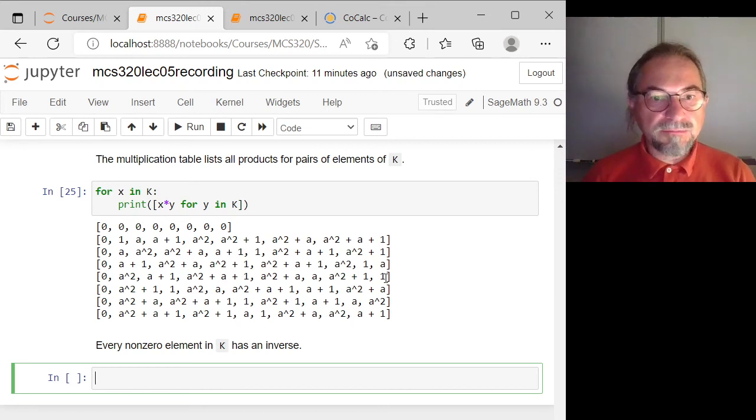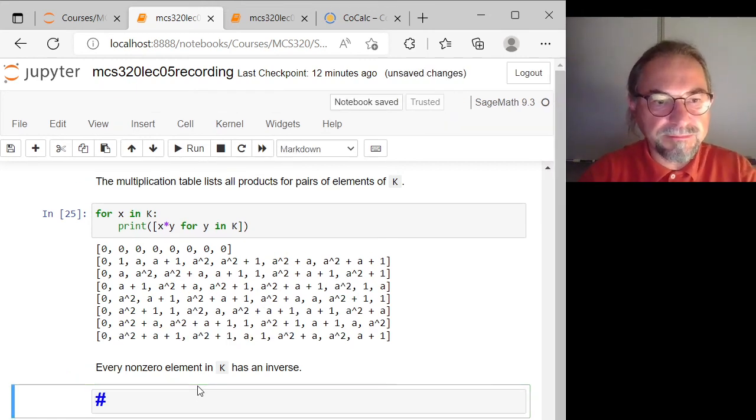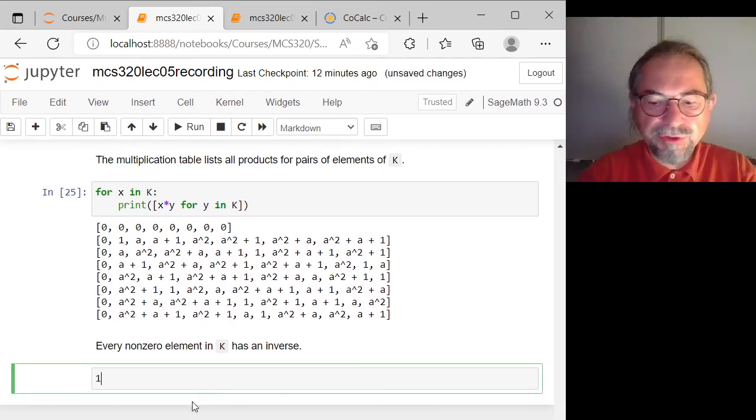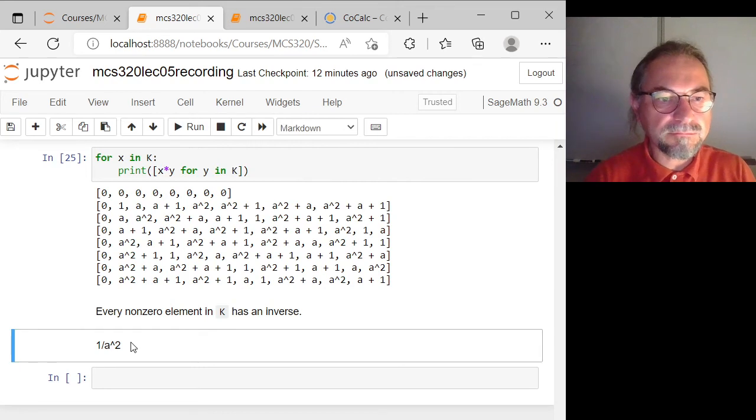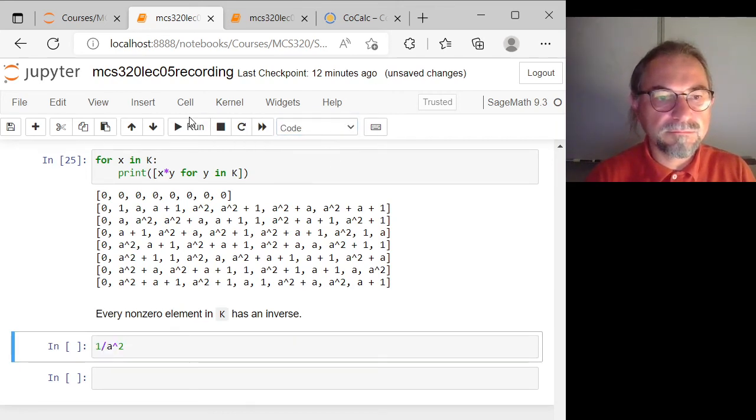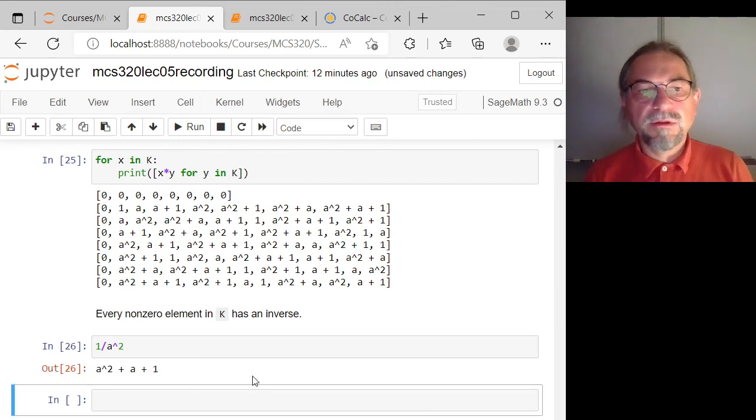Okay, so let me illustrate what I just said: 1 over a squared, you can divide. This illustrates that every non-zero element has an inverse.